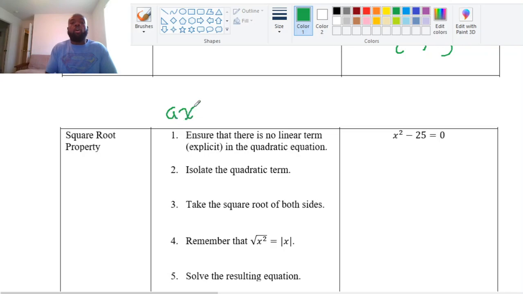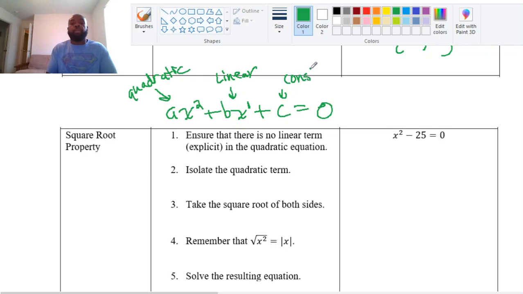As you may recall, this is the quadratic term. This is what makes it a quadratic equation. This term right here with x to the first power is your linear term, and this term right here is your constant term, right? If we don't see a variable or a variable expression raised to the first power, this is a good setup to use the square root property.